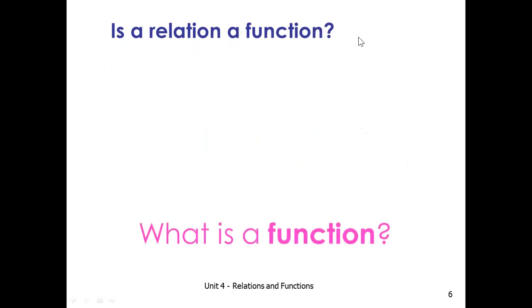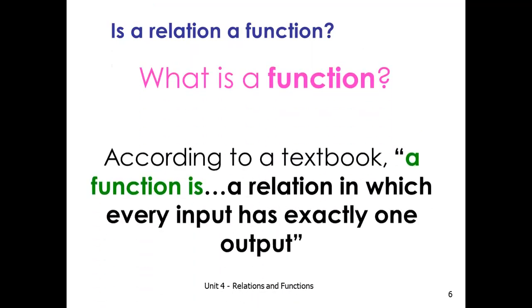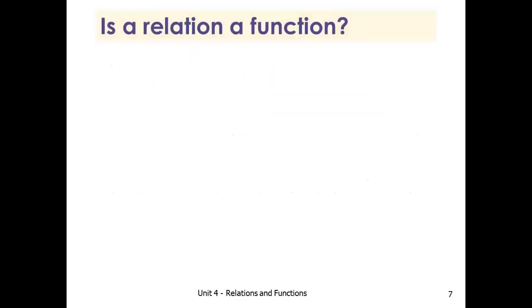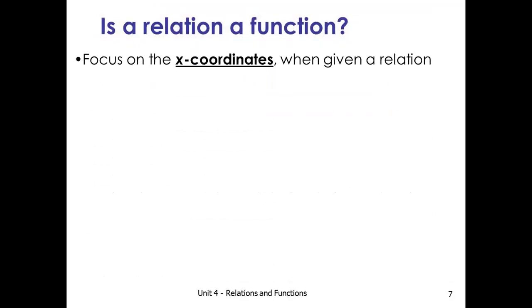Is a relation a function? What is a function? According to a textbook, a function is defined as a relation in which every input has exactly one output. I repeat, every input has exactly one output. Focus on the x coordinates.